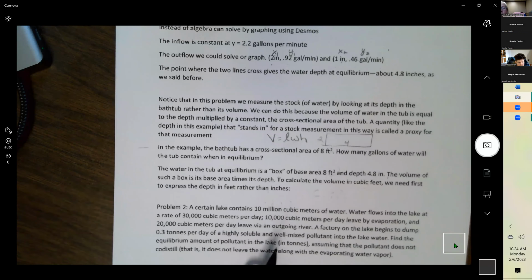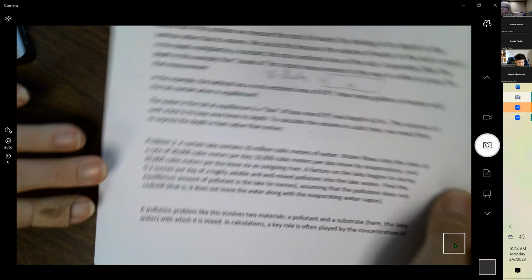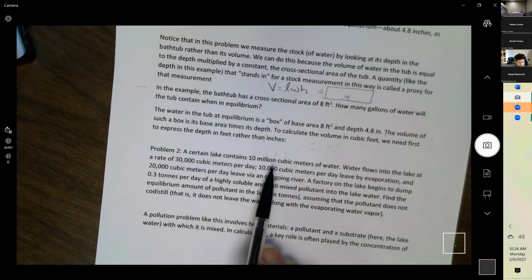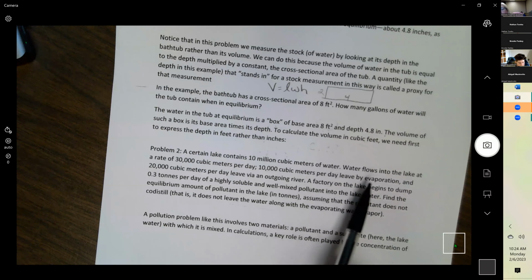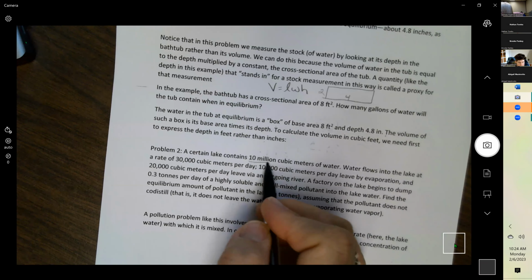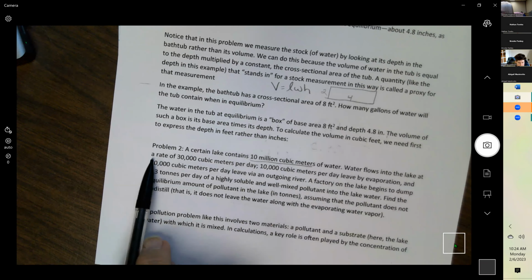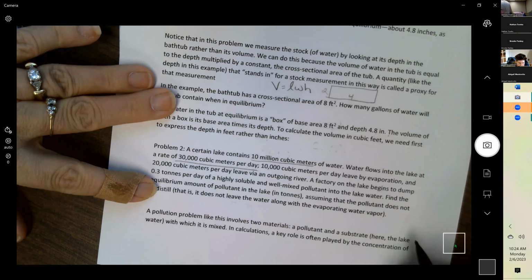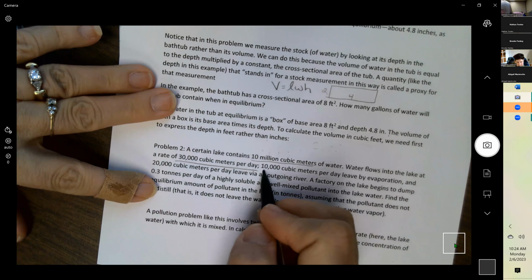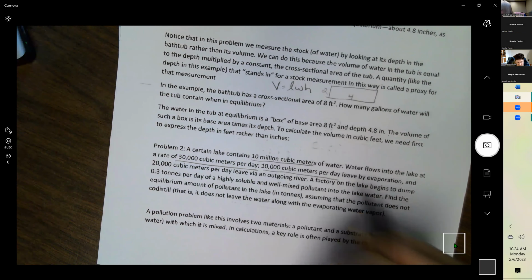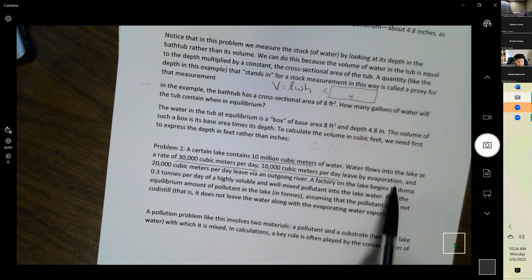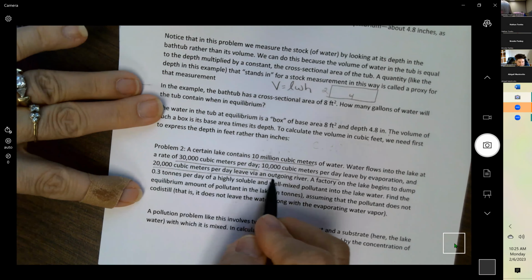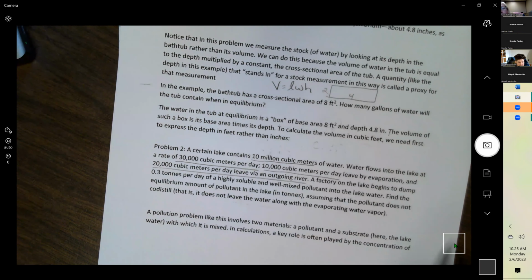Let's try another one. A certain lake contains 10 million cubic meters of water. Water flows into the lake at a rate of 30 cubic meters per day. 10,000 cubic meters per day leave in evaporation, and 20 cubic meters per day leave with an outgoing river.